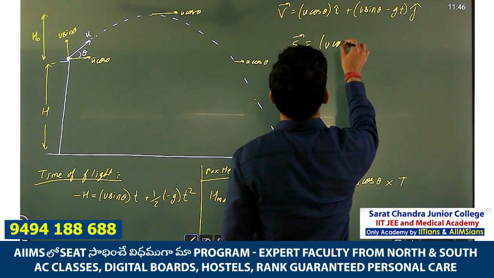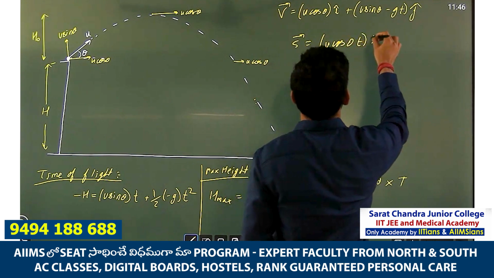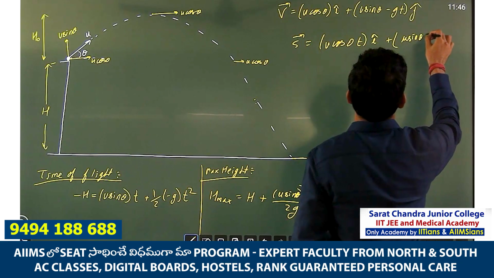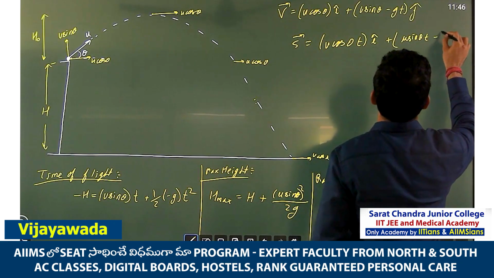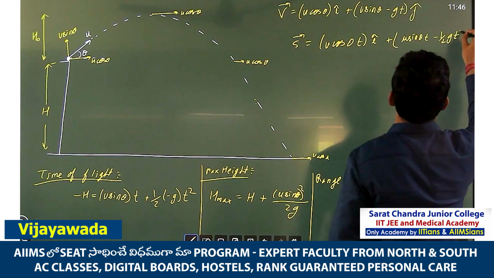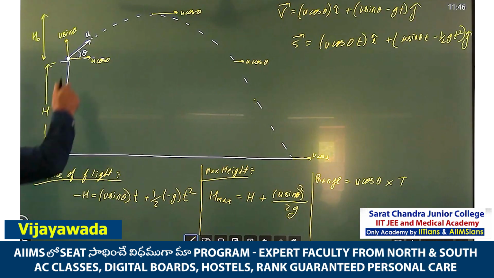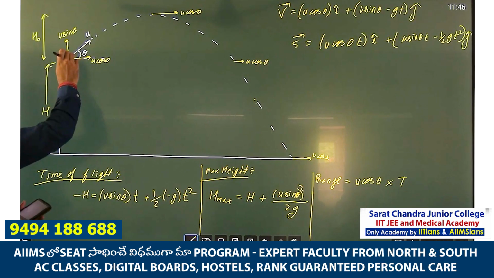Displacement vector is horizontally u cos theta into t plus vertically u sin theta t minus half gt square, considering this as the starting point.